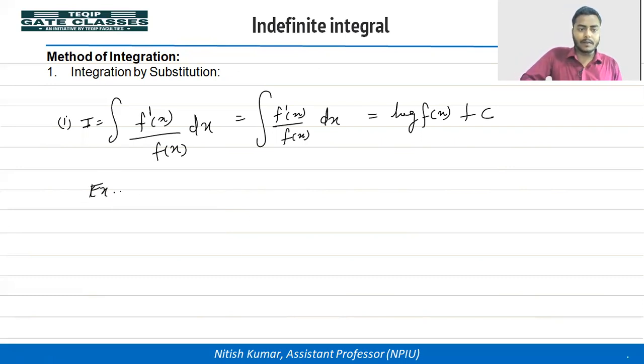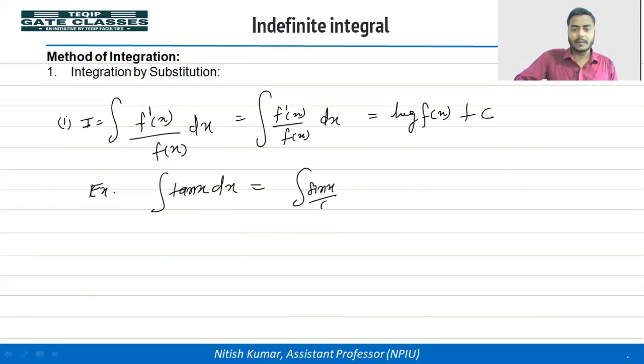Let's take an example, integration of tan x with respect to x. tan x we can write as sin x divided by cos x. You can see in this case, let function fx, I'm assuming, be cos x.